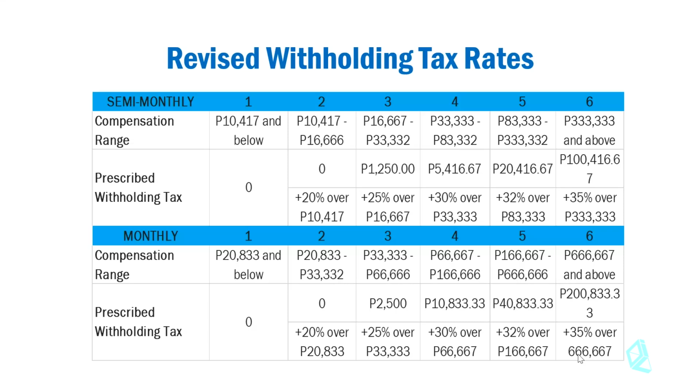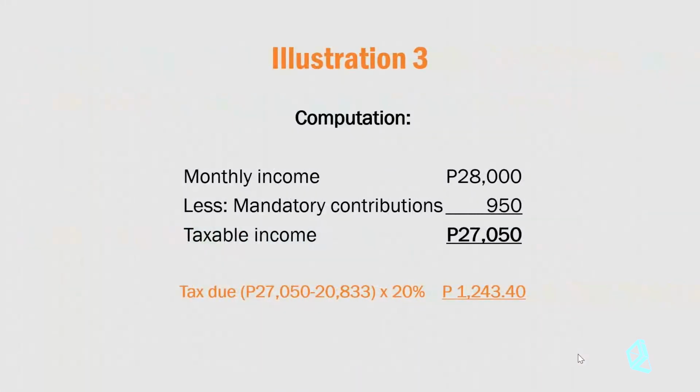So you could see there the corresponding income tax rates below, which is the prescribed withholding tax row. So let's first try to compute for the basis of our withholding. In this case, you have their monthly income of 28,000 less the mandatory contributions for SSS, PhilHealth, Pag-ibig, which is 950 pesos. So your taxable income is 27,050.